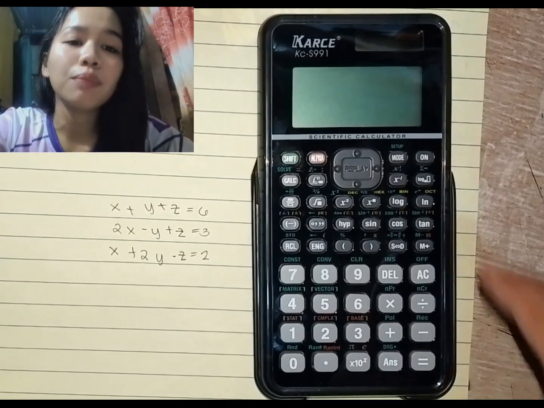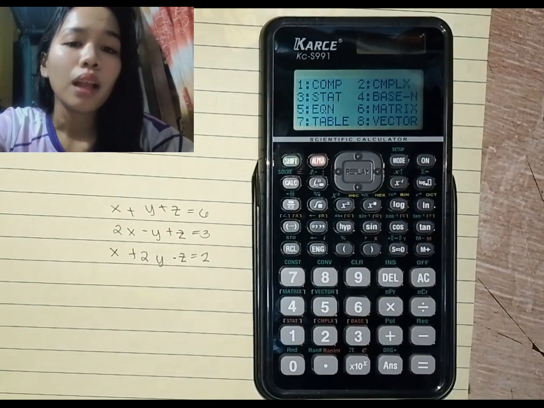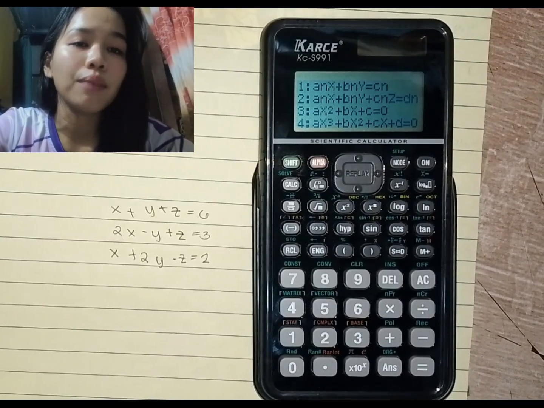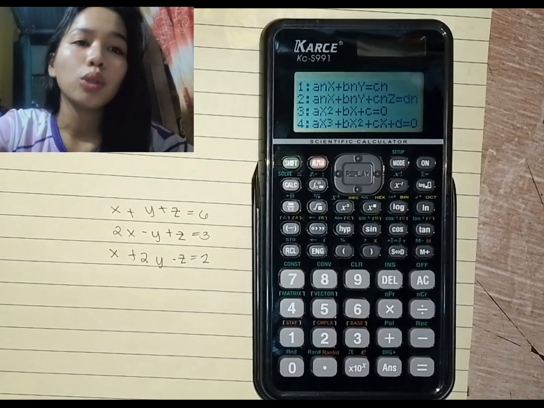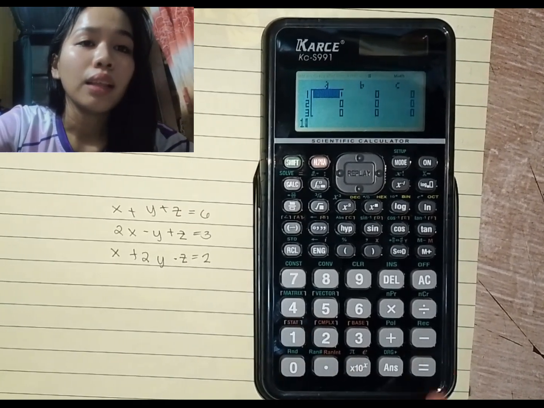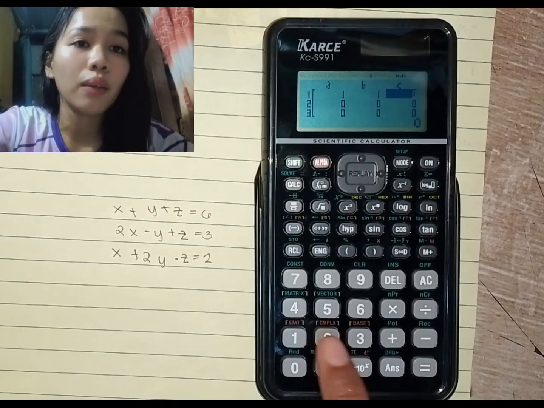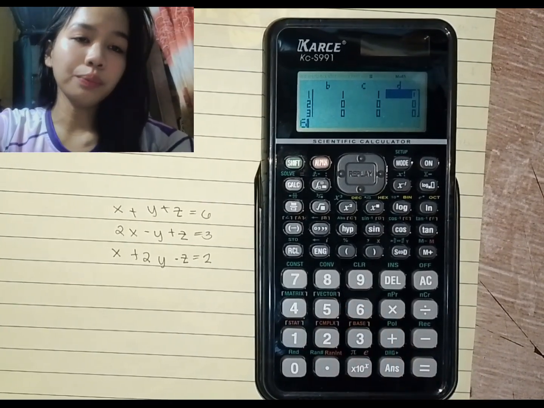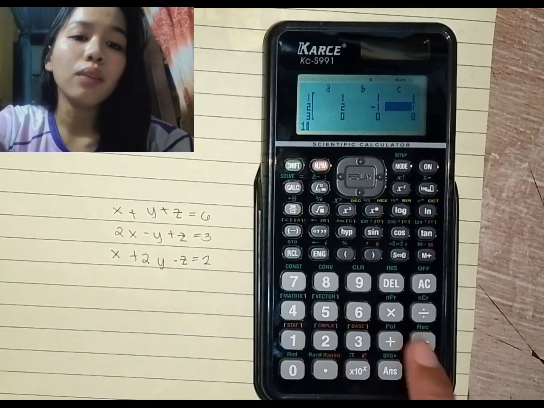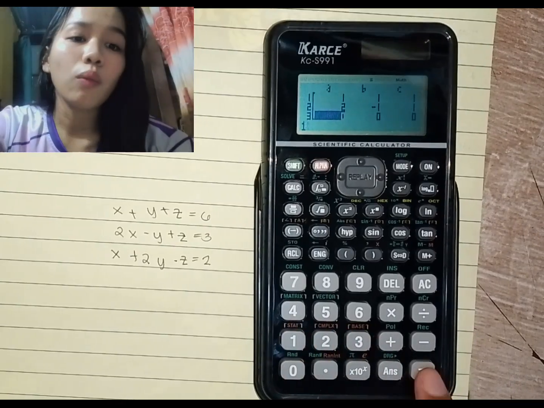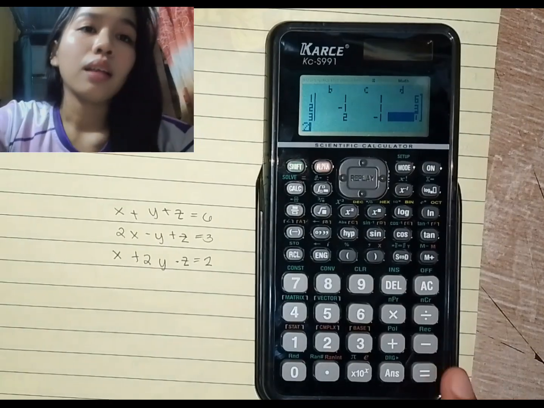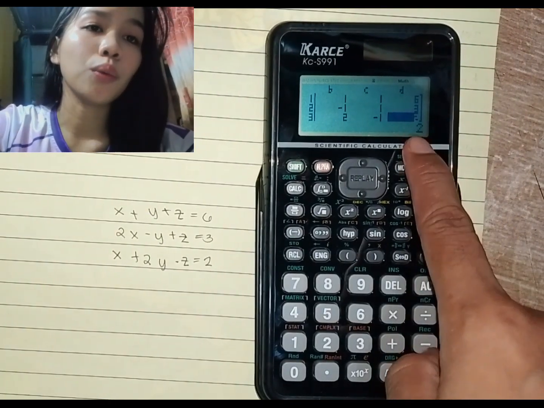Next, we have x plus y plus z is equal to 6, 2x minus y plus z is equal to 3, and x plus 2y minus z is equal to 2. So again, we enter in the calculator 1, 1, 1, 6, then 2, -1, 1, 3, then 1, 2, -1, 2.